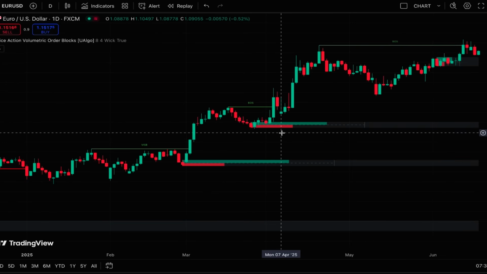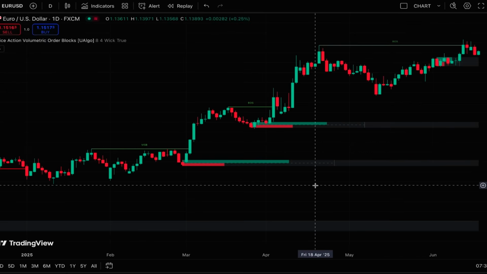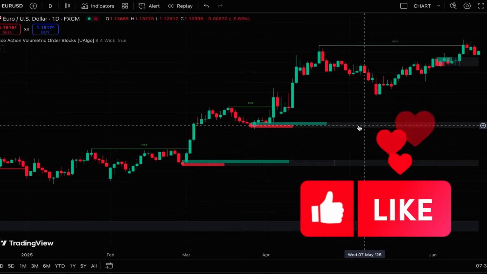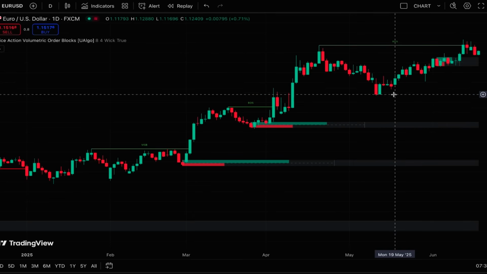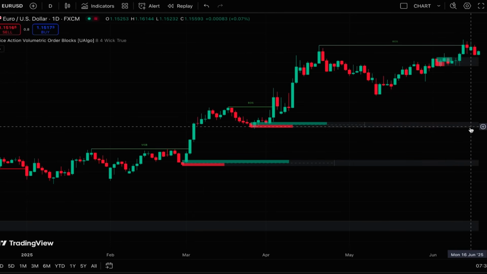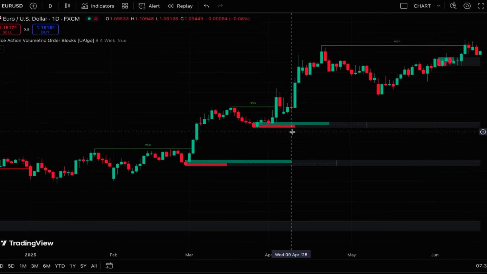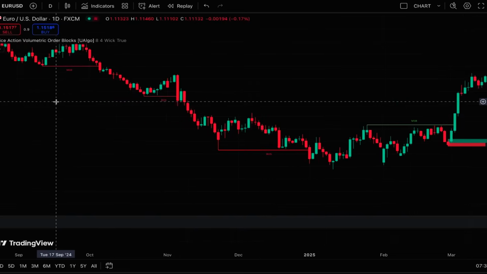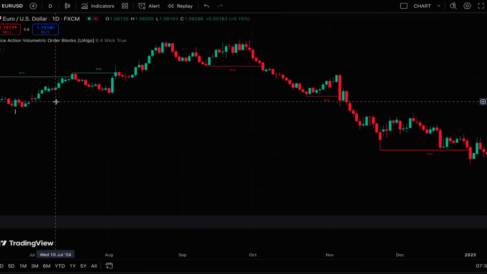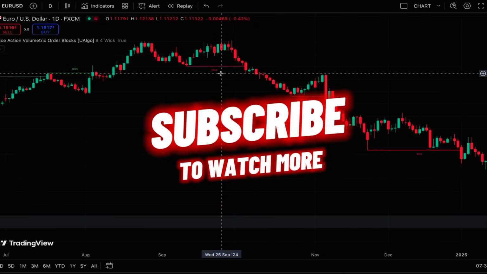These levels can act as a potential support or resistance level for the future price action. For example, this bullish order block will act as a support level for the future price action if the price turns back to around here. Alright, now let's see what this information related to market structure is.